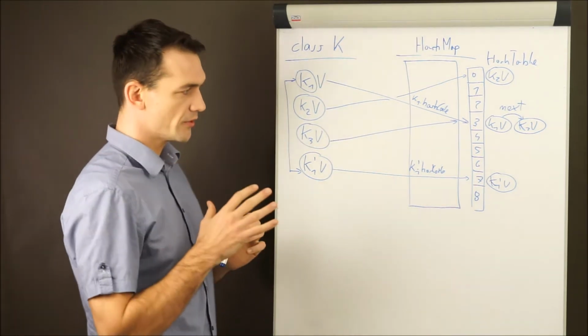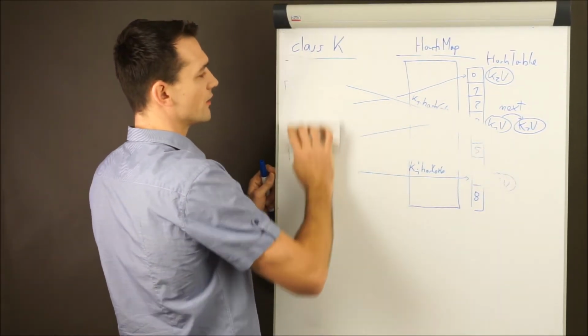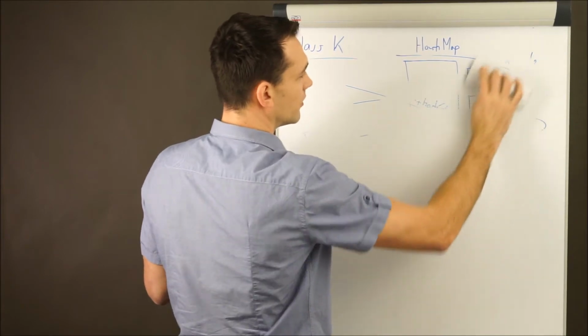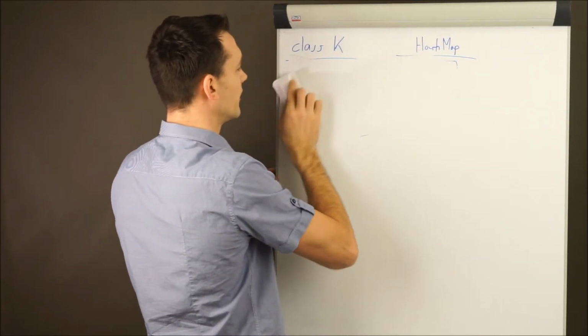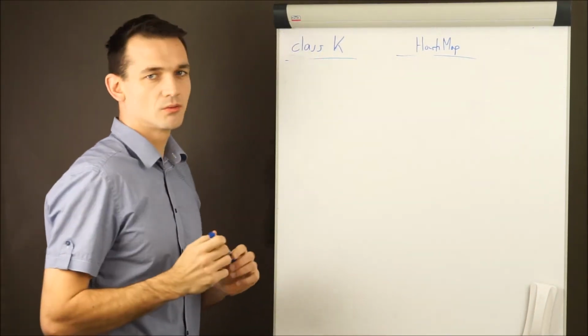The contract between equals and hashCode is as follows. This is very important when you want to use your objects as the keys to a HashMap.